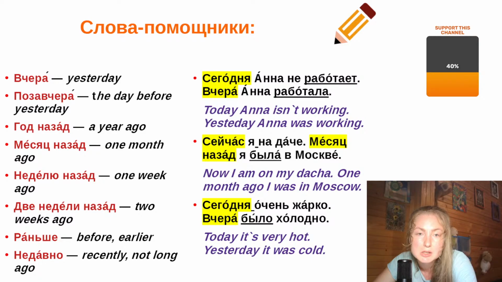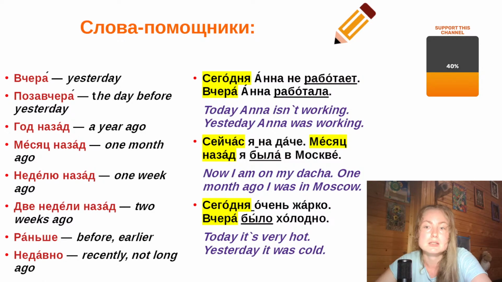Next, неделю назад, one week ago. Maybe you will be interested why неделю and not неделя, because a week in Russian is неделя. It's a feminine word which has the ending «я». It's a soft variant of the ending. But here we have неделю, because with the word назад, we always use the accusative case.